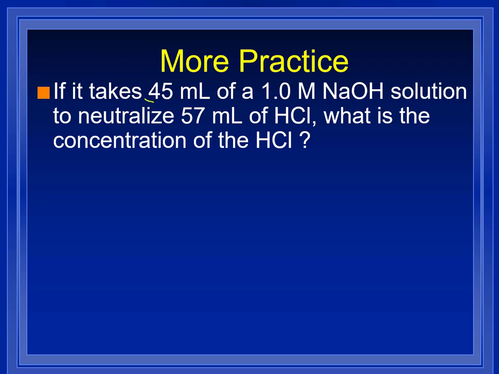Okay, so I have a volume and a molarity of base, so I can figure out the moles of base. Right? And then I can go from the moles of base to the moles of acid using the balanced equation. And then once I get moles of acid, I'll have moles and milliliters of acid, so I'll be able to get the molarity.